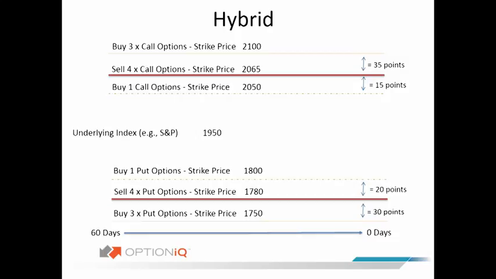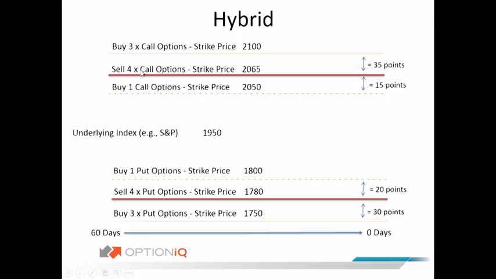So what I want to show you now is kind of break down what we're doing with the hybrid. There's a lot of options on here. There's a lot of what are known as option legs that we're going to be entering. And so I want to make sure that everybody understands basically what this strategy is doing. So if you look at my screen, you have the market at 1950, and we're going above the market.